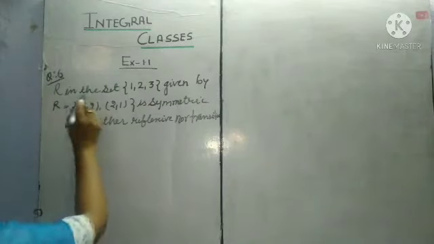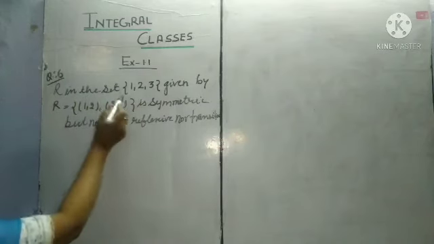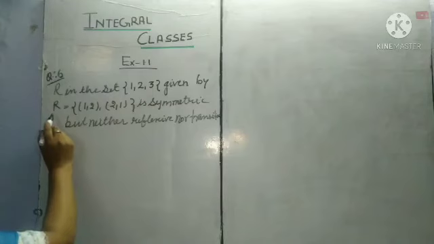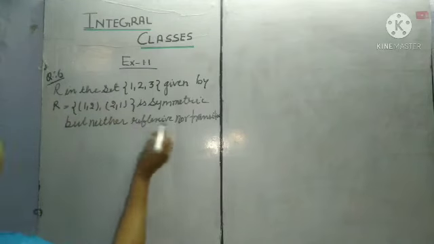Next is question number 6. R in the set {1, 2, 3} is given by... we have been given a set A and R is a given relation in this set, containing (1, 2) and (2, 1). It is symmetric but neither reflexive nor transitive.